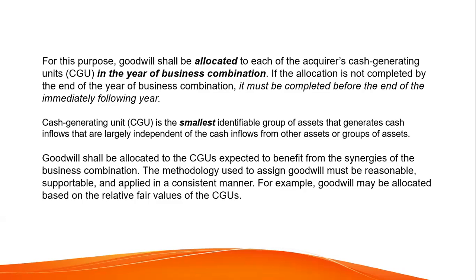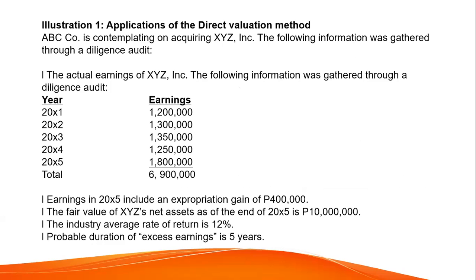The methodology used to assign goodwill must be reasonable, supportable, and applied in a consistent manner. For example, goodwill may be allocated based on the relative fair values of the cash generating units.